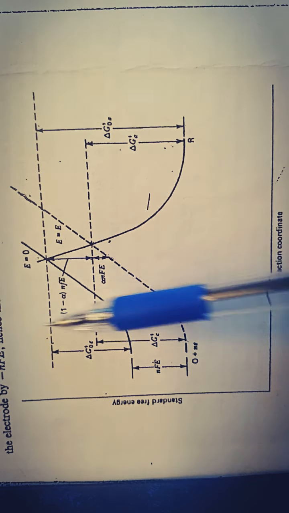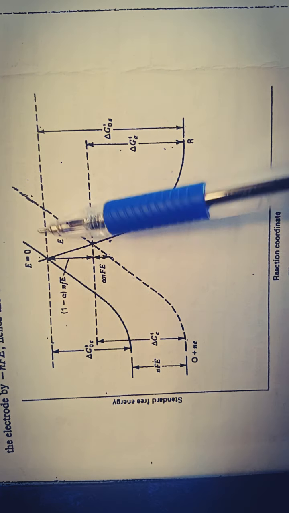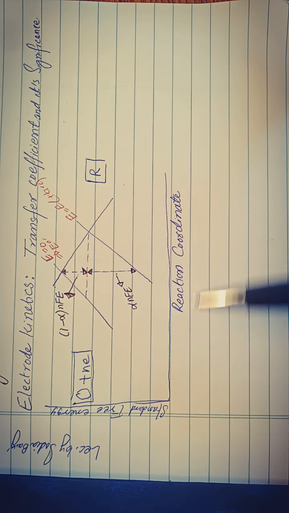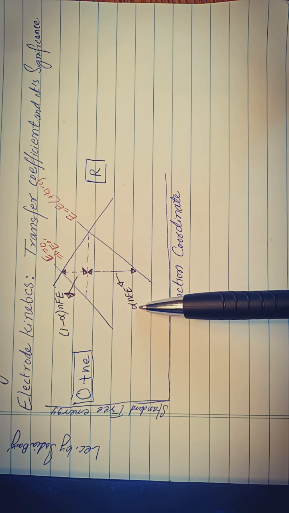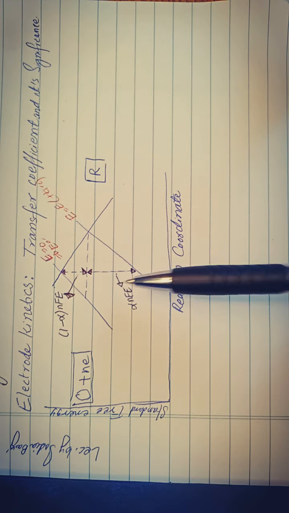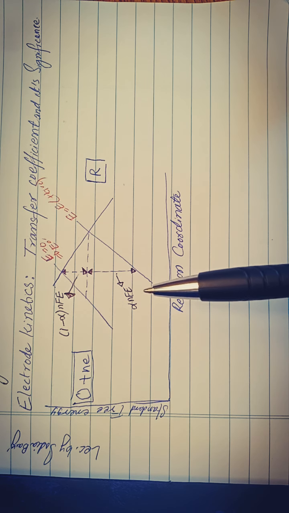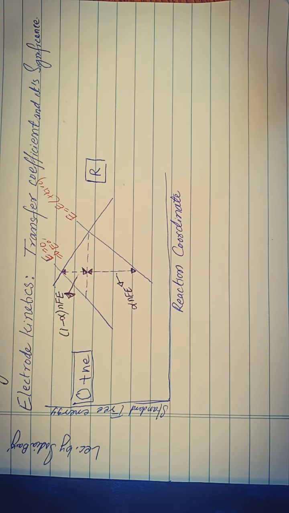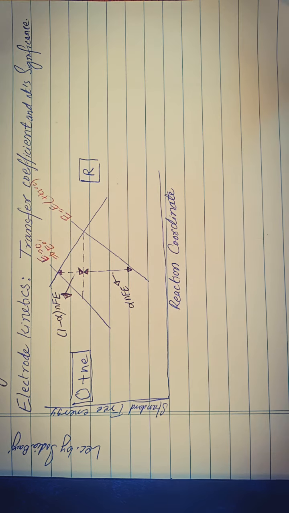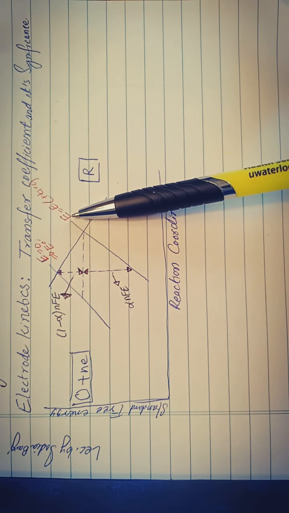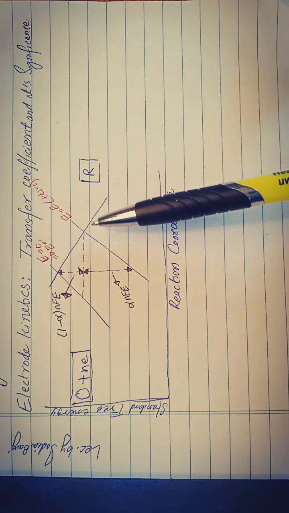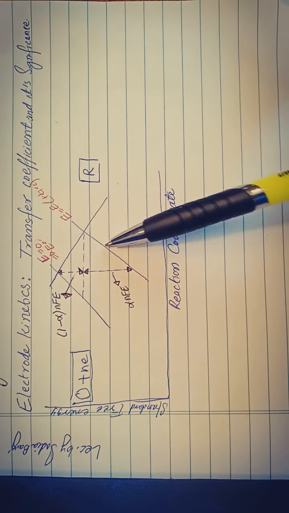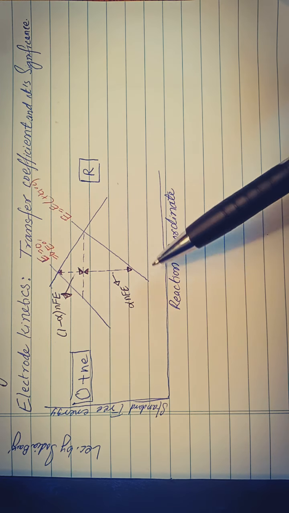Now let's redraw the geometry of this intersection region. Here the transfer coefficient alpha is the measure of the symmetry of this energy barrier, and we have drawn the amplified region of the free energy plot that shows the effect of the applied potential, which has moved the energy barrier to lower energy.